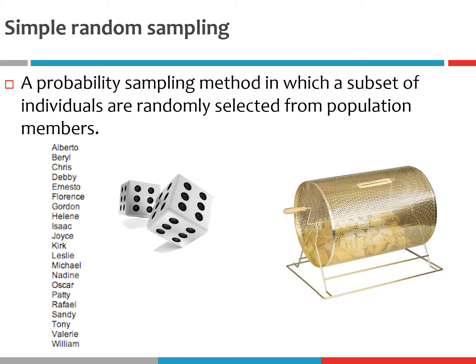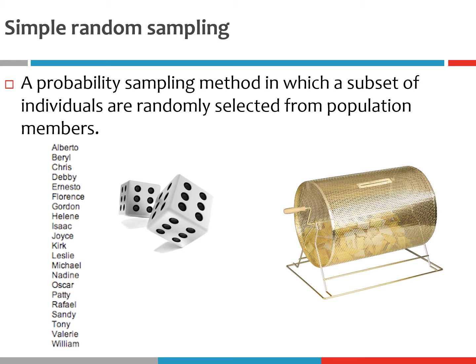Well, the easiest thing to do might be to take your list of participants and write each name on a slip of paper and place it in this little drum thing here, right? And shaking all the names up and selecting one at a time, right? That way you've got some people at the beginning of the alphabet, some people at the end, some people in the middle, and so on.